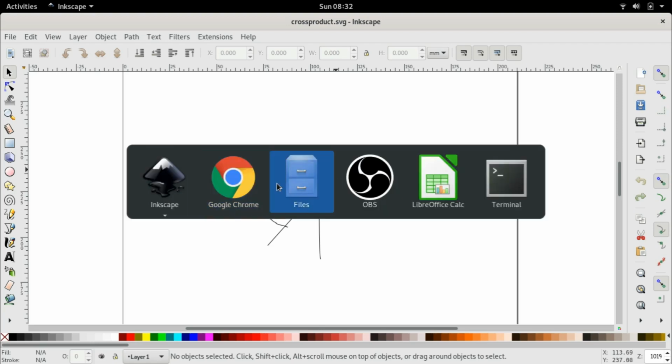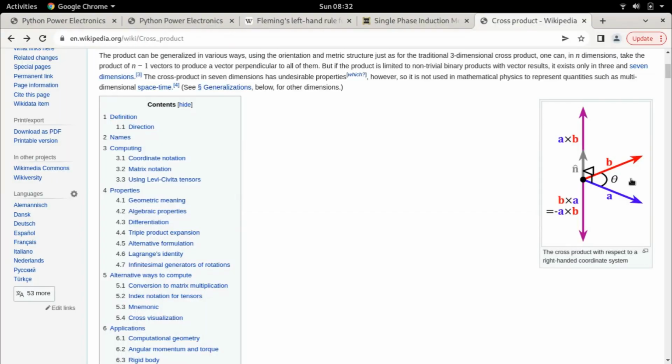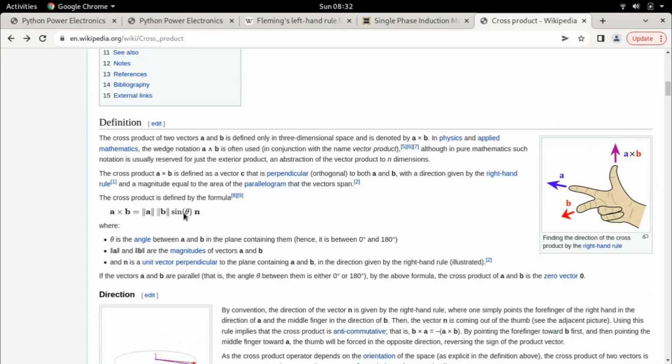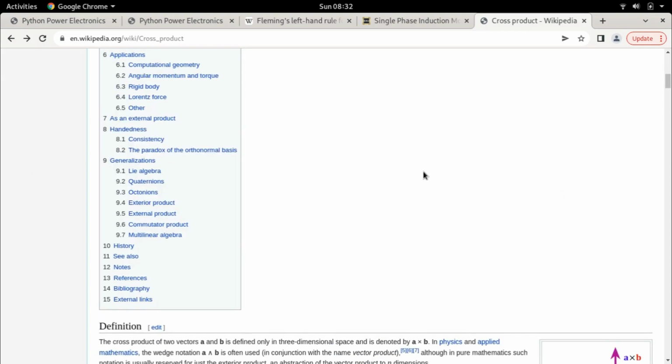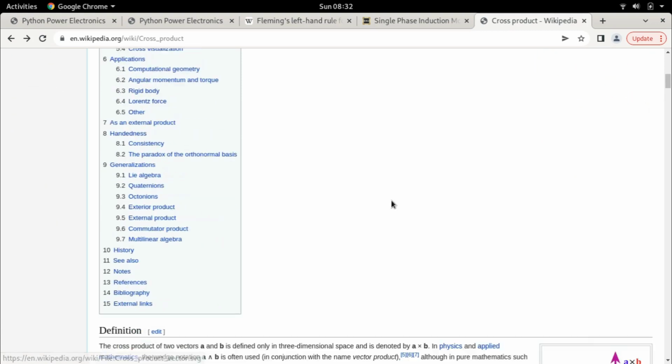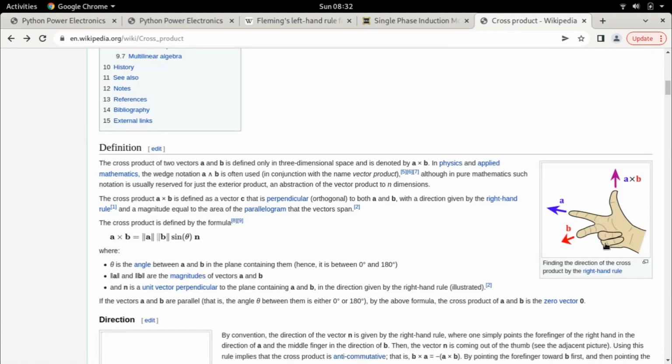And that is what we are doing here as well. When you take sine of theta and apply it to either vector A or vector B, you are merely finding the projection of one vector which is perpendicular to the other. So therefore, it is pretty much coming back to the same concept.